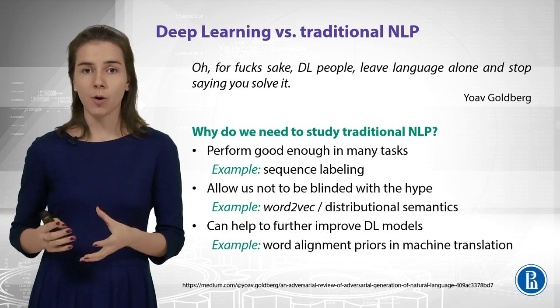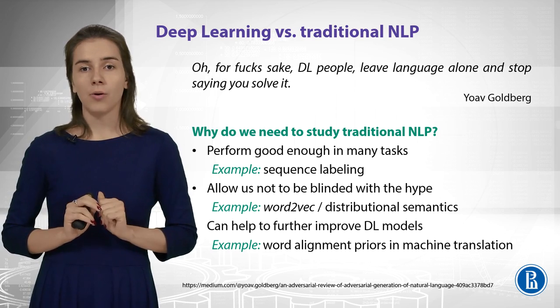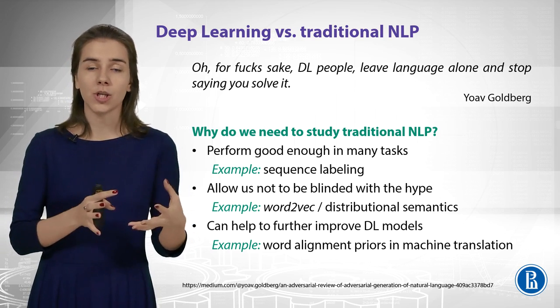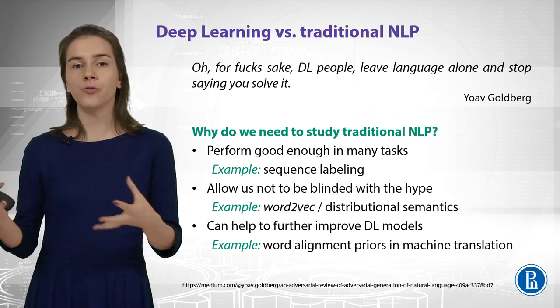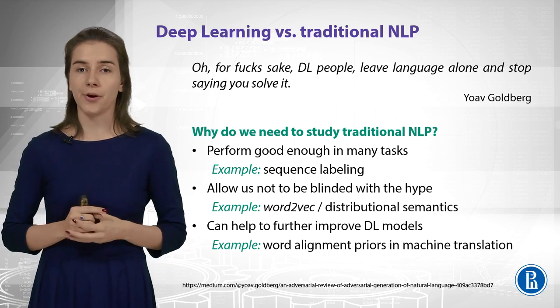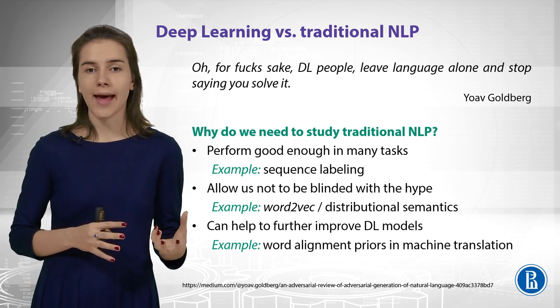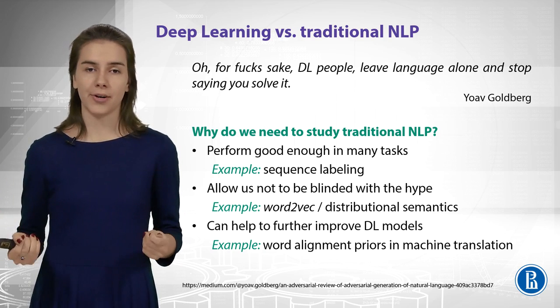And in week 3 of our course, we will discuss both of them. Now, another reason would be that we can sometimes use the knowledge that we had in traditional approaches to improve the models based on deep learning. For example, word alignments in machine translation and attention mechanism in neural networks are very similar, and we will see it during week 4.